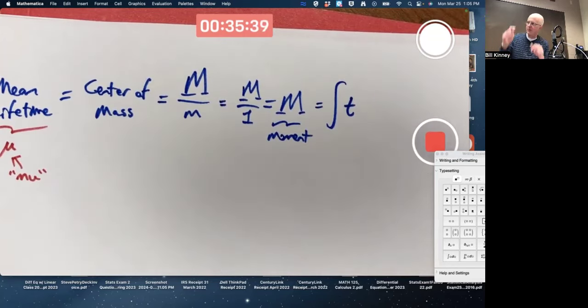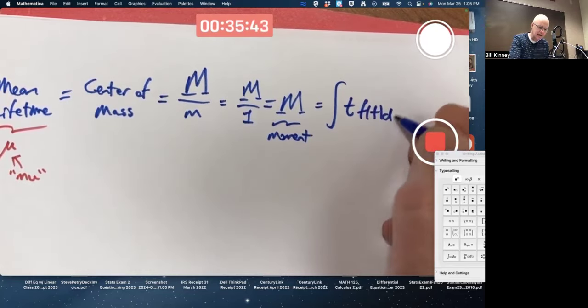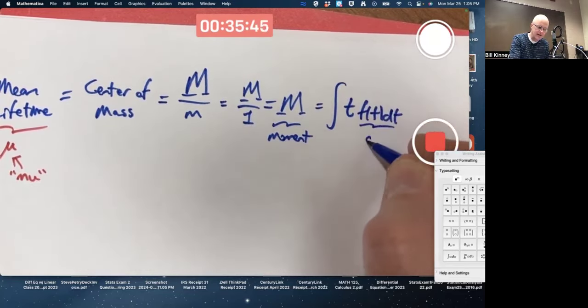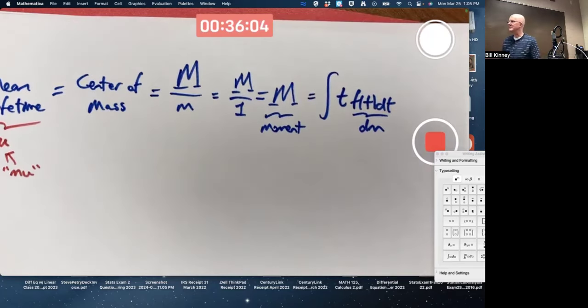They are the quote-unquote products f of t dt. That's like a dm there. Infinitesimal mass. So f of t is a density times a small length. So t times dm is a moment of an infinitesimal chunk. Add those up by integrating, you get the total moment of the entire probability distribution.